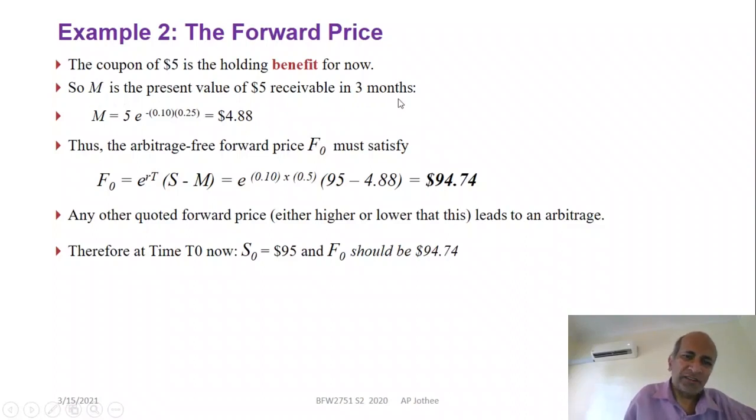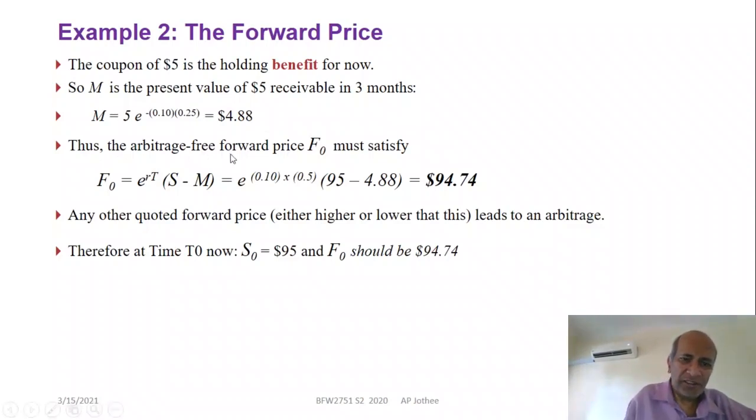So the rate is given as 10%. Now 3 months from now is 0.25. So M equals 5 exponential to minus, because you are discounting it to today, minus 0.1 times 0.25, equals 4.88. Today's value of that receivable $5 in 3 months is 4.88.